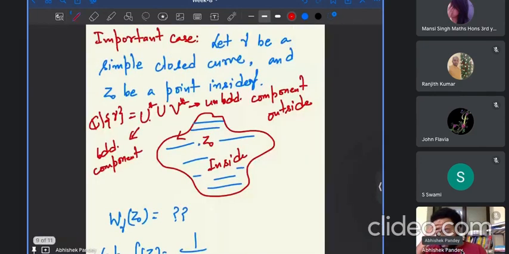Is it fine up to this point? Any doubt, please let me know. If no doubt, then I will move ahead.